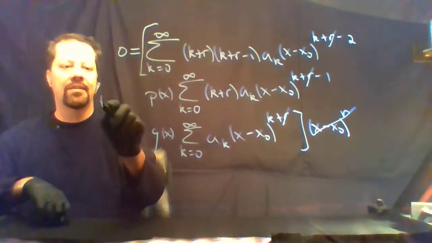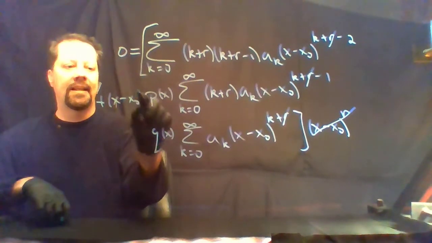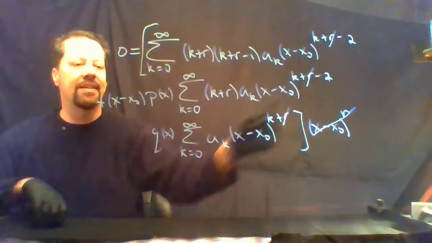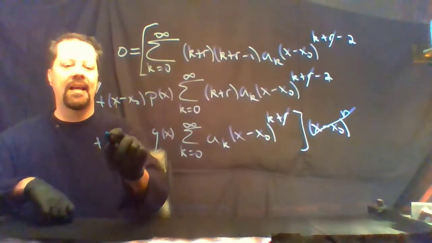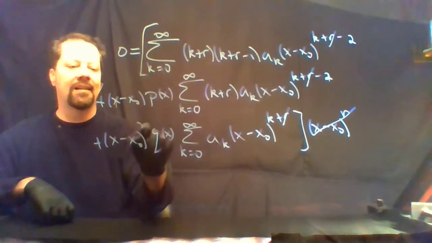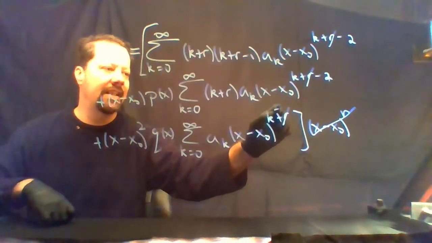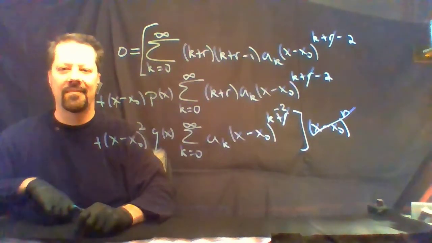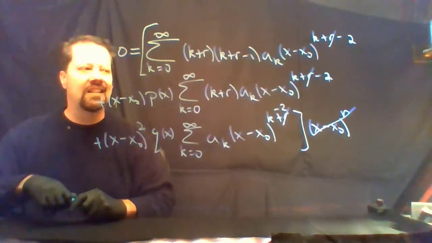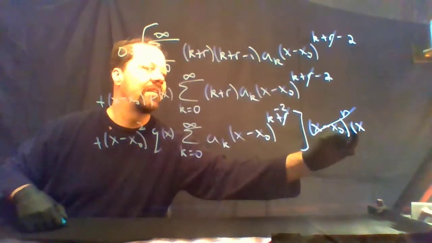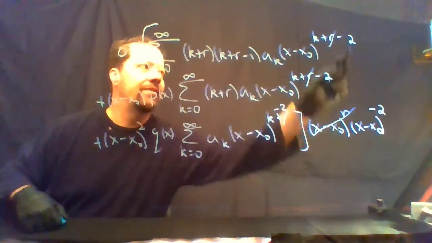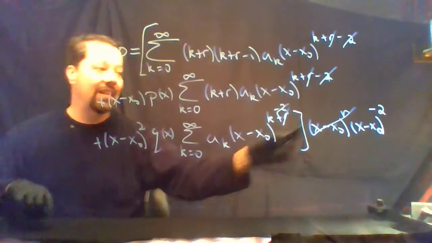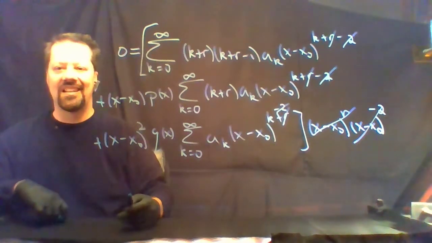That's going to give us x minus x naught here, and we'll have to take one factor away, giving us k minus 2 here. And x minus x naught squared here, and I'm going to have to take 2 away from here in order to put these two out front here. Before doing anything else, I'm also going to take out x minus x naught to the power negative 2, since all of those match. We can bring that out and cancel it off.